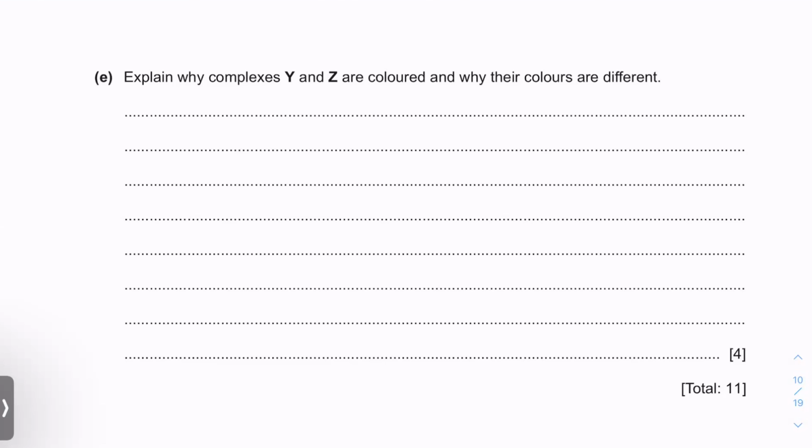Okay, so the question says that we have hexaaqua cobalt 2, and we add ammonia in excess. So when we do this, again, ammonia is going to displace, I think, 4 of them.